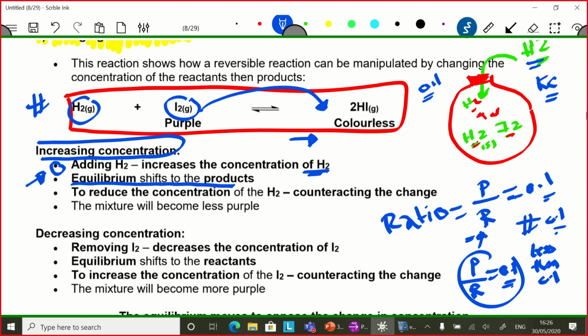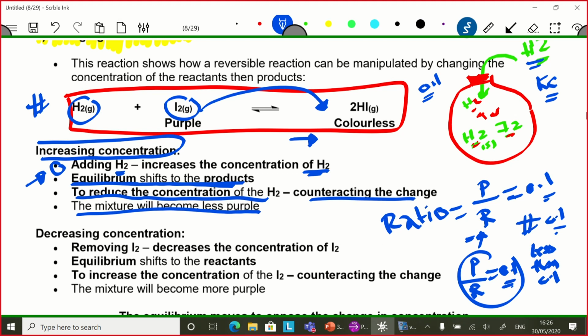Okay. So if I add hydrogen, the equilibrium will shift to the product side, and the reason for this is to reduce the concentration of the hydrogen, to counteract the change that you made, and the mixture will become less purple.